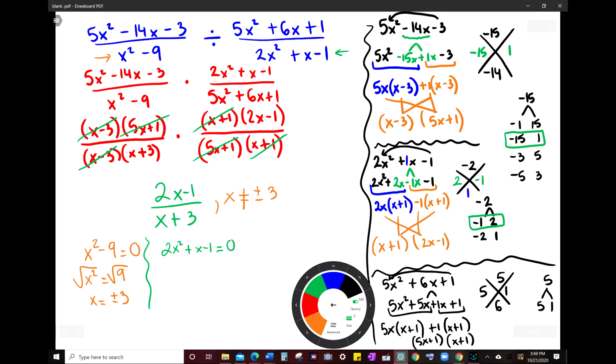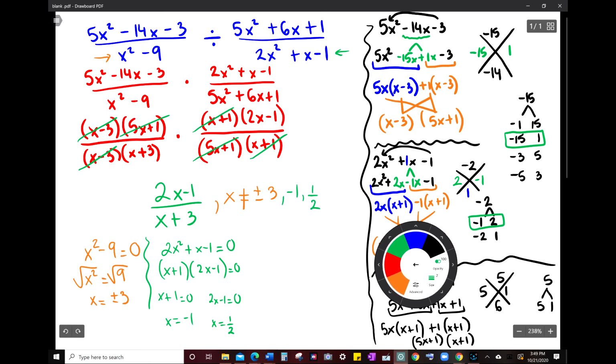And we know that one, when we factor it, it will give you x plus 1 times 2x minus 1 equals 0. And now we have x plus 1 equals 0, or 2x minus 1 equals 0. And then x equals negative 1 and x equals 1/2. So that's another number we cannot have for this expression.